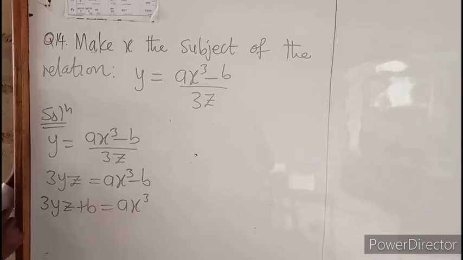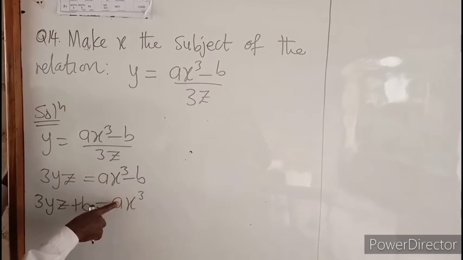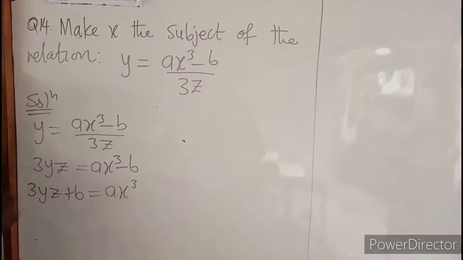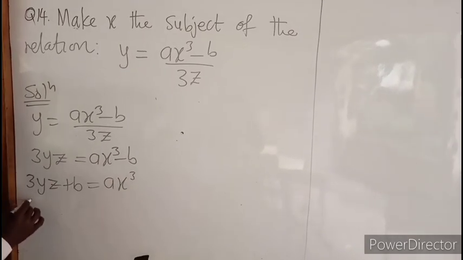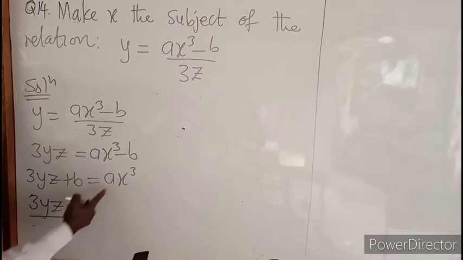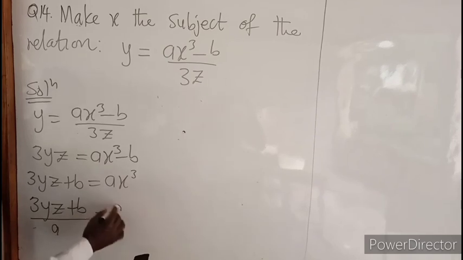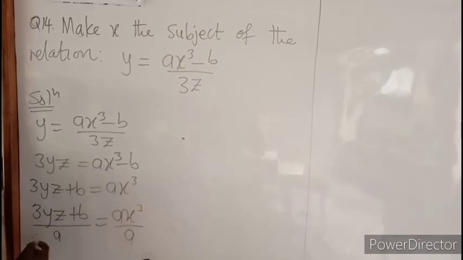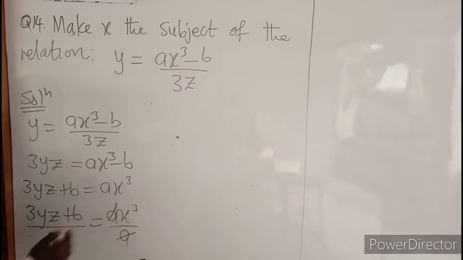Now that we are having a as the coefficient of our x, we divide through by that coefficient. So this will become 3yz plus b all divided by a equals ax cubed divided by a, where the coefficient will cancel.